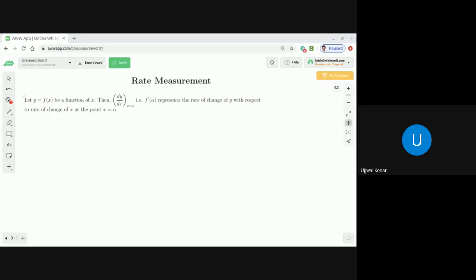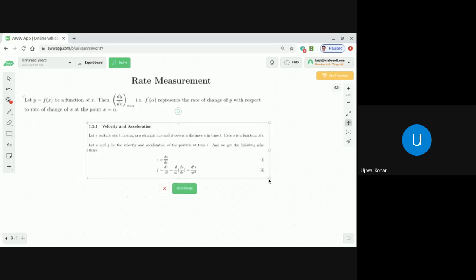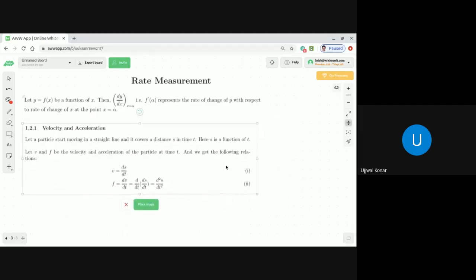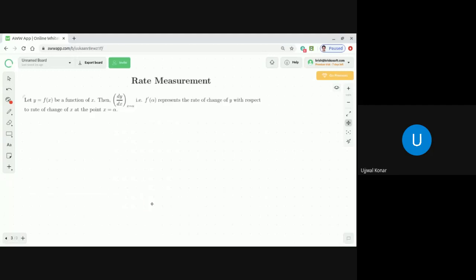The first one is coming from the velocity and acceleration of kinematics. Let a particle start moving in a straight line and it covers a distance s in time t. So let me show you, dear students. The first one is velocity and acceleration.